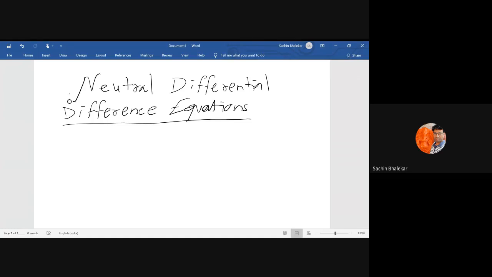So now we discuss a class of DDEs involving the derivatives with delay.